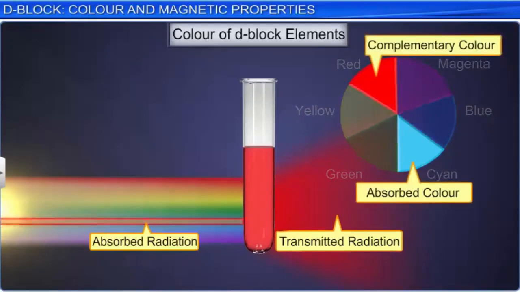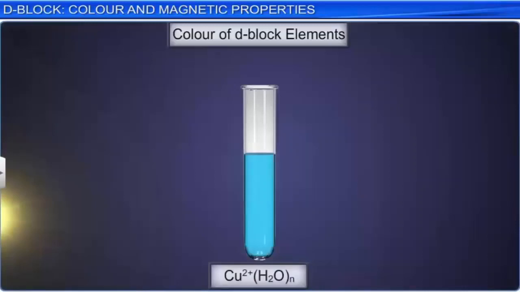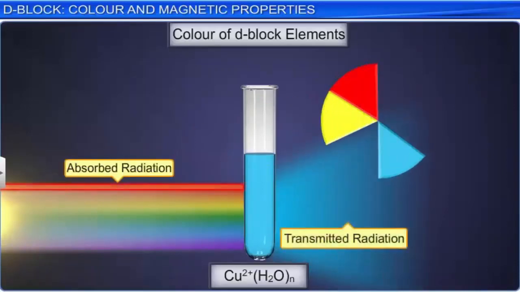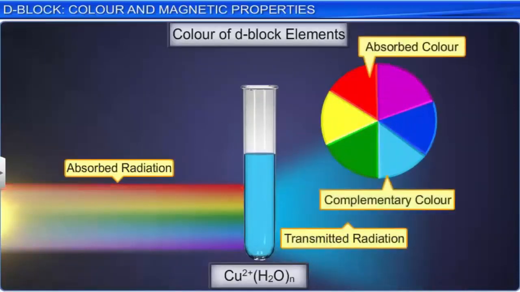For example, hydrated Cu2+ ions absorb radiation of wavelengths corresponding to red light and transmit its complementary color, blue. The colors of some hydrated ions of the 3d series of elements are given.